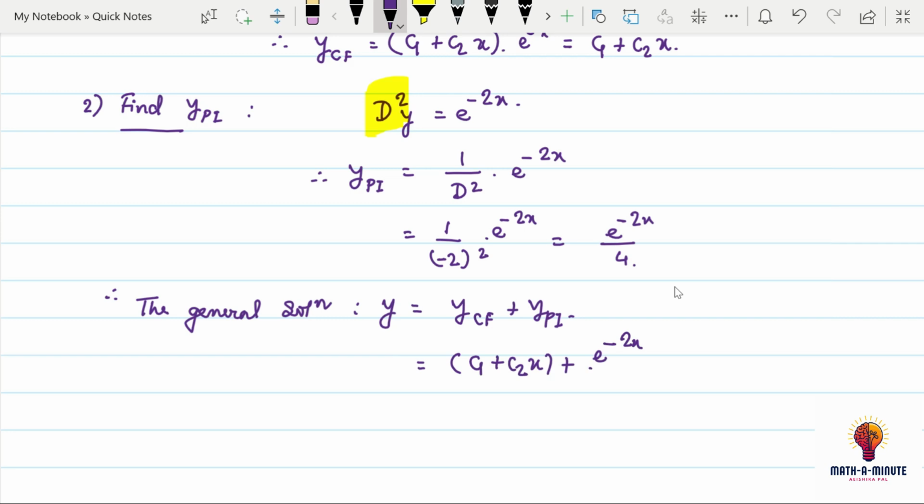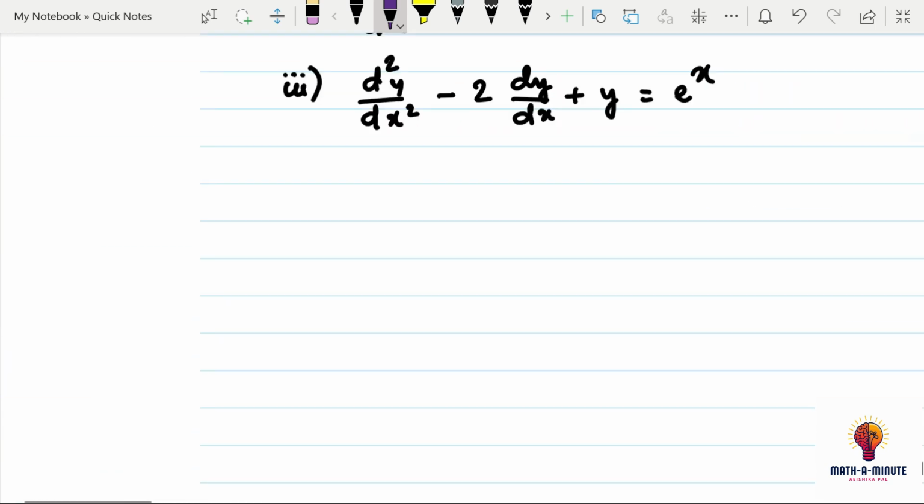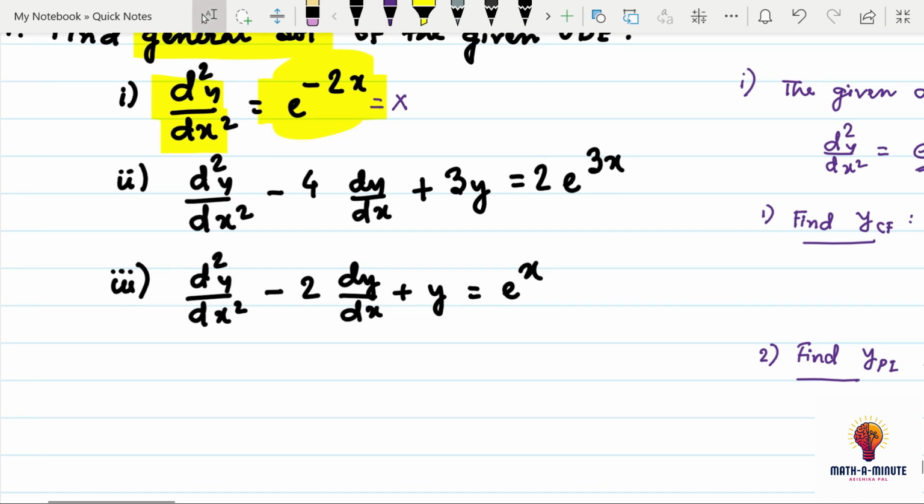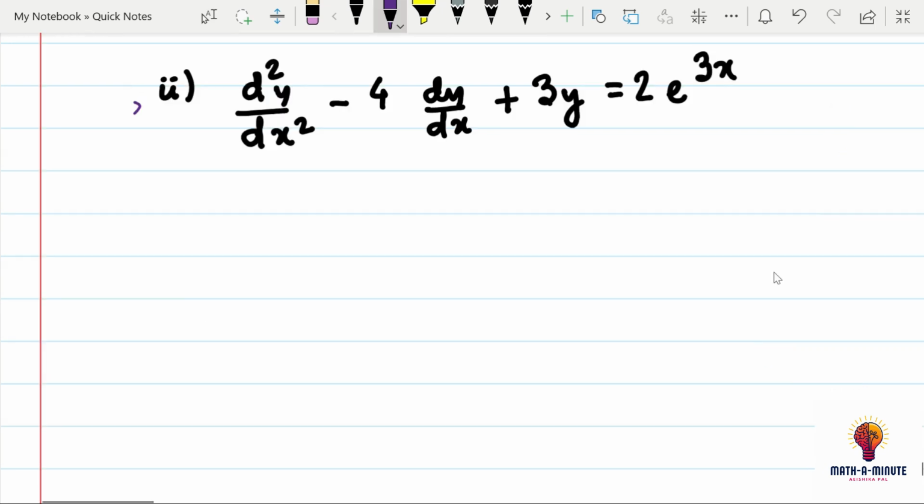This is our general solution, and here you have to write that C1 and C2 are arbitrary constants. Now pause this video and similarly try to find the solution for the second one. The second differential equation is this. I know all of you can calculate the complementary function.